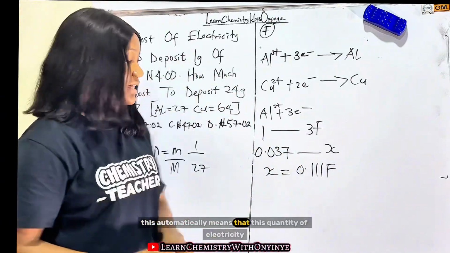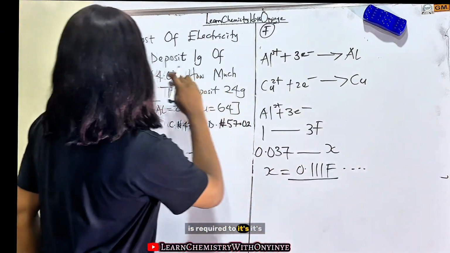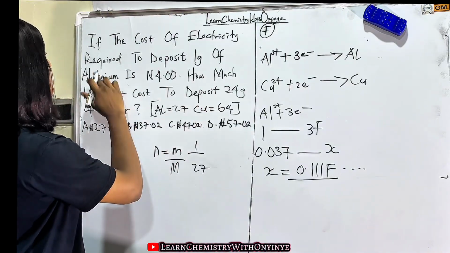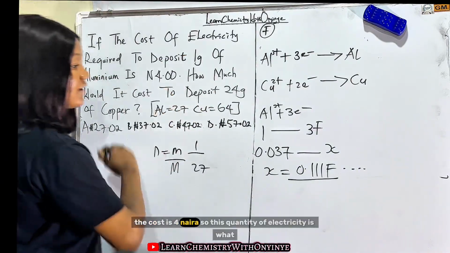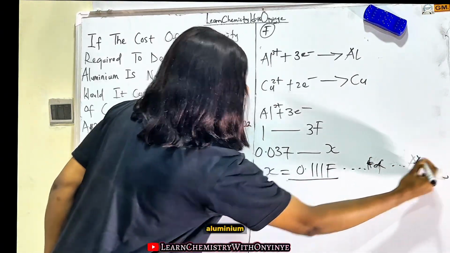This automatically means that this quantity of electricity costs 4 naira. So this quantity of electricity is what? 4 naira. For which element? Aluminium.